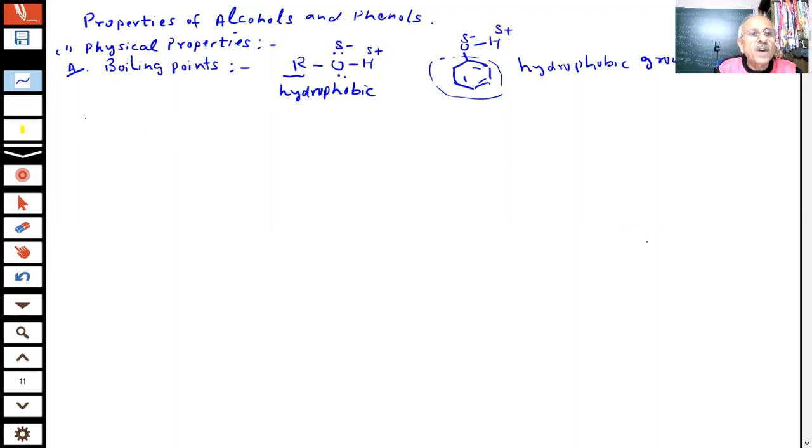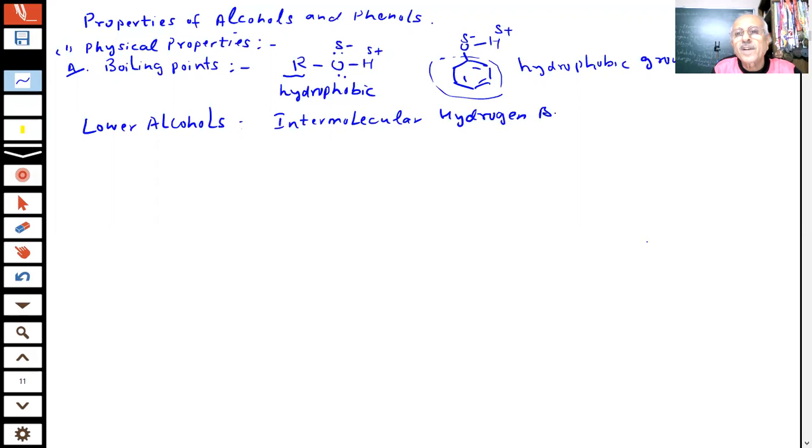But for lower alcohols, what will happen if the R group is small? Then there is going to be intermolecular hydrogen bonding in alcohols.